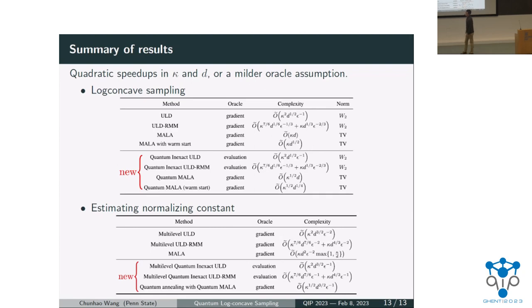For other Markov chains, such as unadjusted Markov chains, they are not reversible, so we cannot use this framework to get quantum speed up. We just use the quantum gradient estimation to get speed up. So the quantum annealing method is only for MALA, right? Yeah, just for MALA. Thank you.